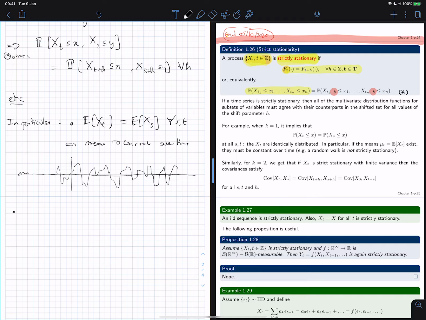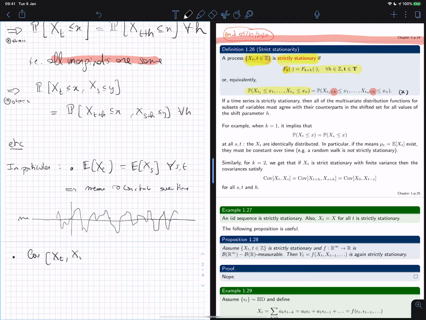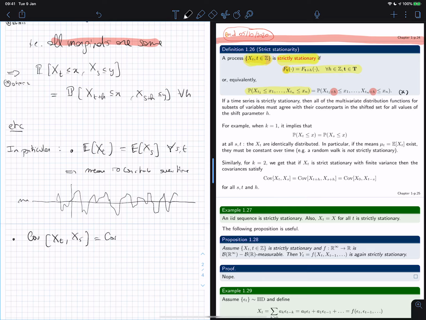Secondly, it tells you also that the covariance between any two, so the covariance of Xs and Xt, is what? Well, it's the covariance of Xt+h and Xs+h for all h, and in particular, it's also the covariance of X0 and X(s-t), and it's also the covariance of X(t-s) and X0.